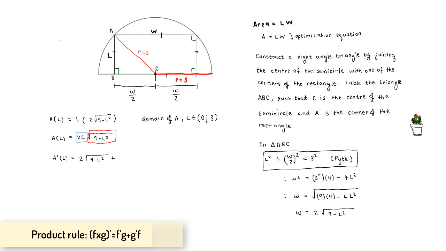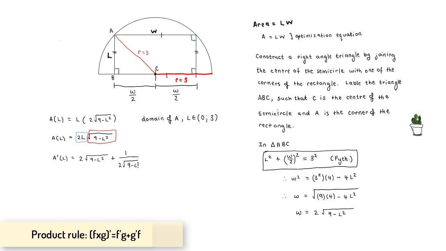g prime. Now our g function is the square root of 9 minus L squared, and we know that the derivative of a square root function is always 1 over 2 times the square root function, and we just keep whatever is inside.